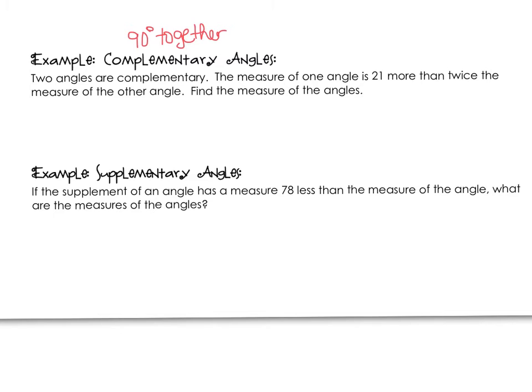So if two angles are complementary, the measure of one angle, so I'm going to call this one x, is 21, sorry. The measure of one angle is 21 more than twice the measure of the other angle. I'm going to call the other angle y. So it's 21 more than twice the other angle.